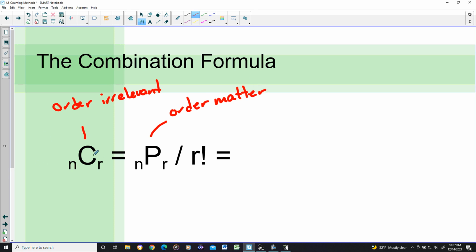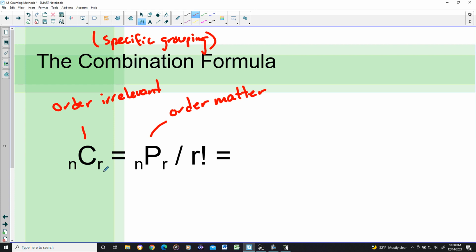A combination is a specific group or grouping, and the grouping can happen in any order. So to convert order mattering to order not mattering, you divide by the factorial of the number of objects that you have.